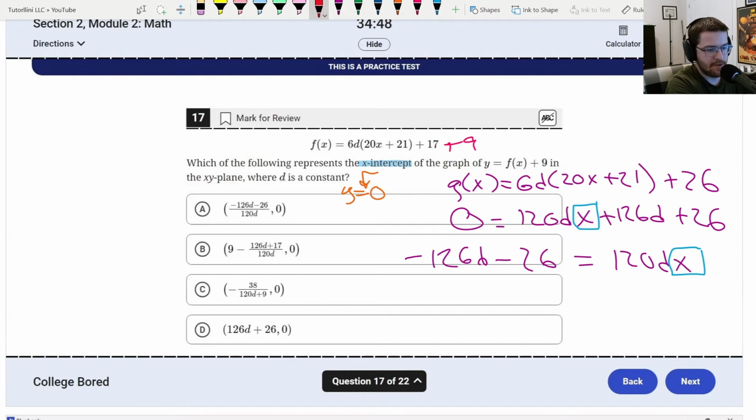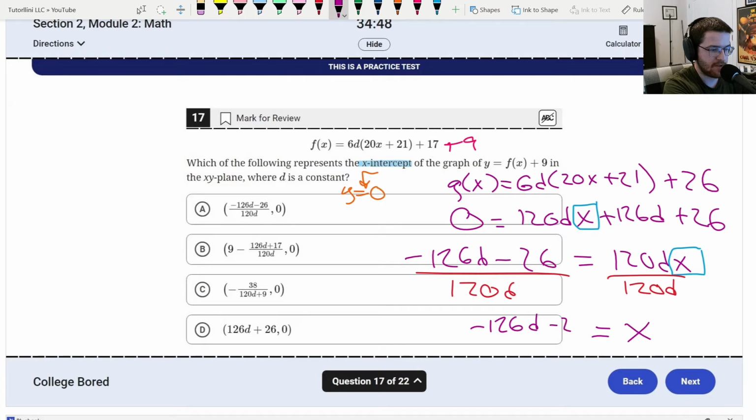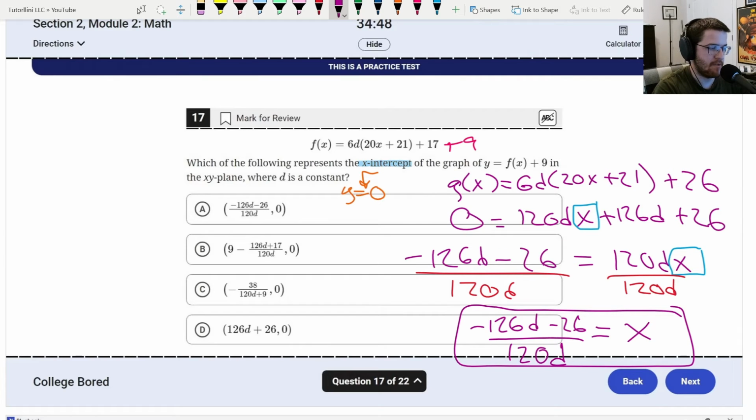And now the opposite of multiplication is division, so we're going to divide both sides by 120d. And I get x equals negative 126d minus 26 over 120d. That can certainly be simplified, but for whatever reason, they just leave it like that, so I believe it's A.